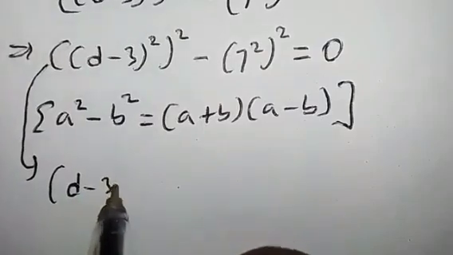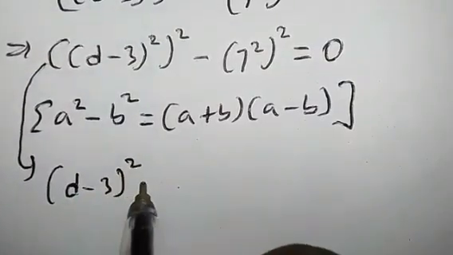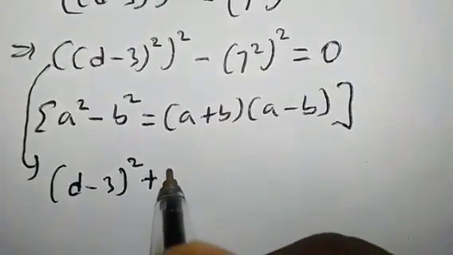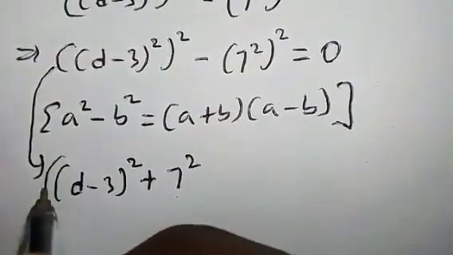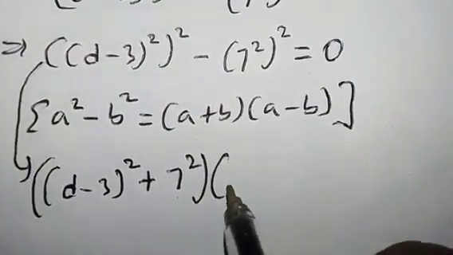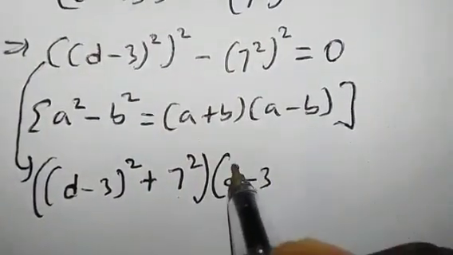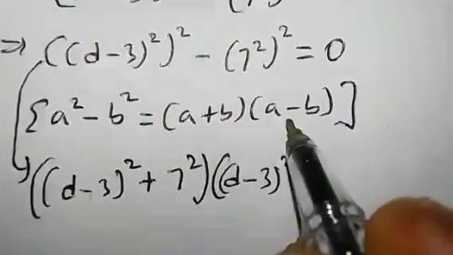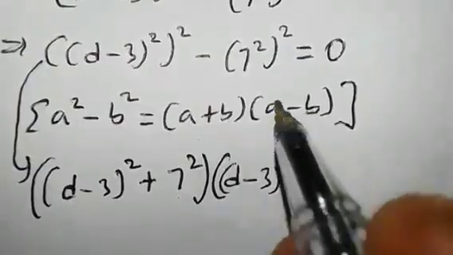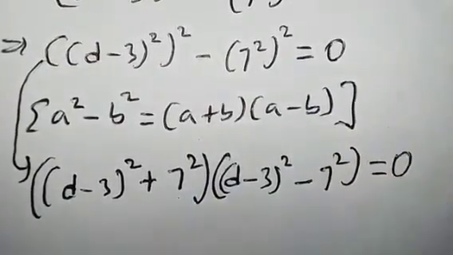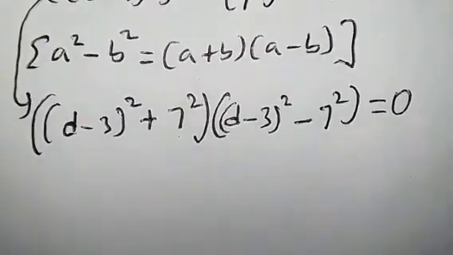((d − 3)^2 + 7^2) times ((d − 3)^2 − 7^2), everything equal to 0. Let's continue.